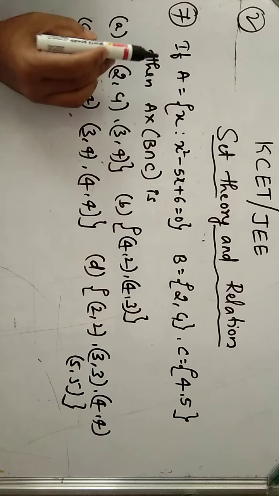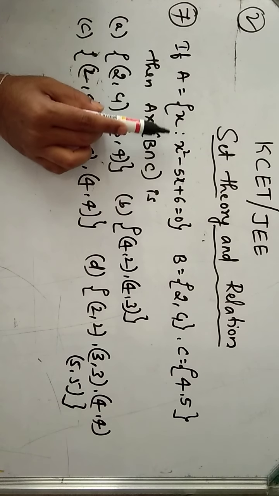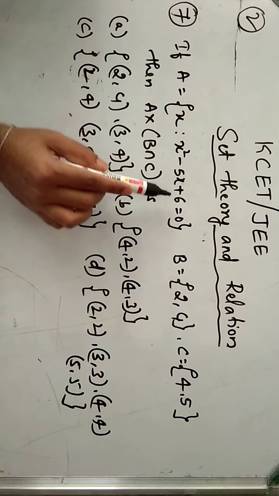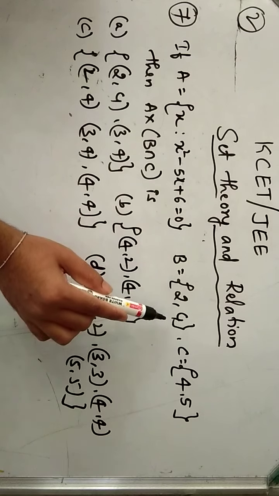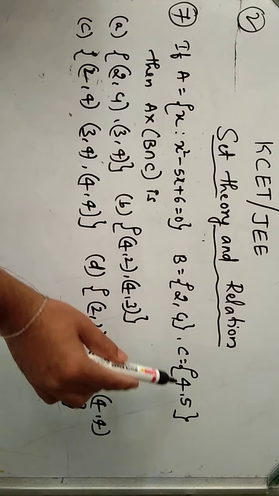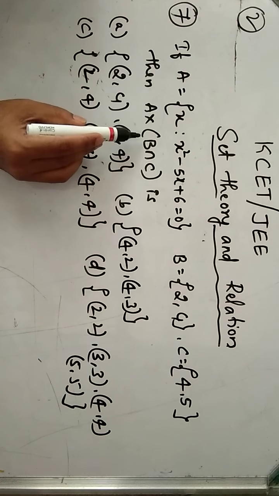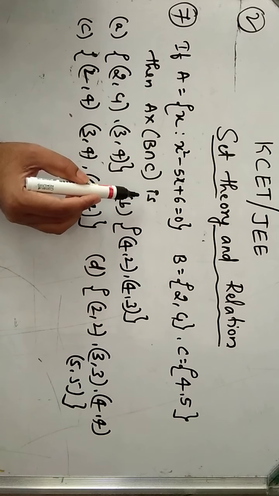Okay? If A is equal to the set of numbers satisfying this quadratic equation x square minus 5x plus 6 equal to 0, and the second set is B = {2, 4} and the third set is C = {4, 5}, then A cross (B intersection C) is what? They are asking. Okay?